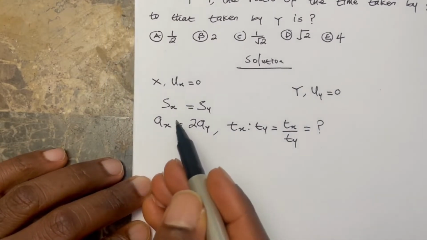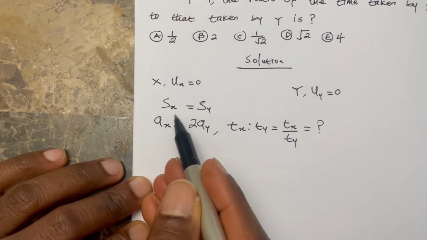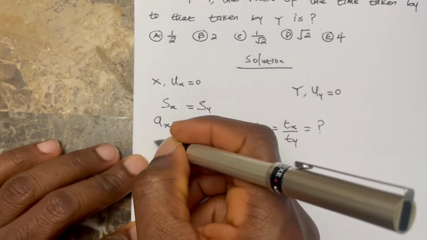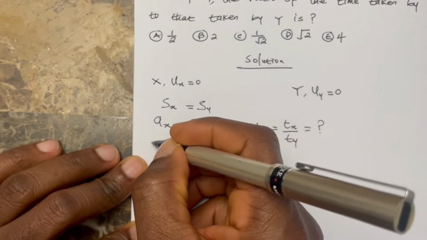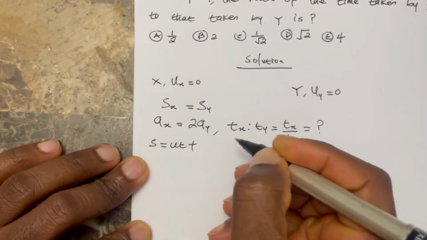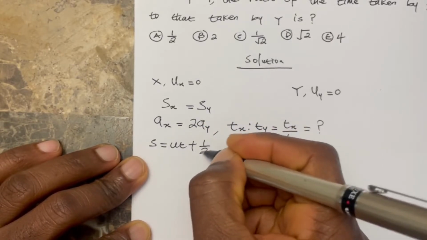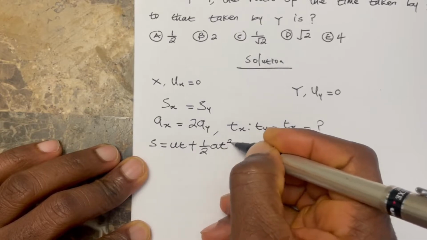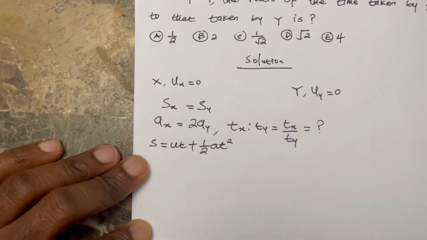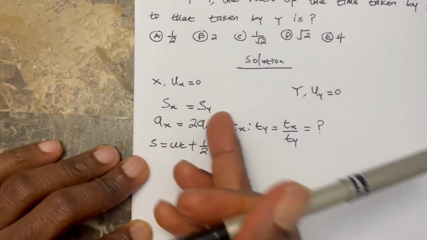So from what we have here, this is the main parameter we're going to use to solve this problem. We know from the motion formula that S is equal to ut plus half at squared. Now we're going to do the same thing for x and the same thing for y.